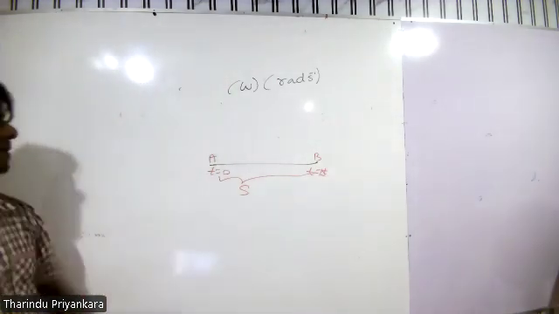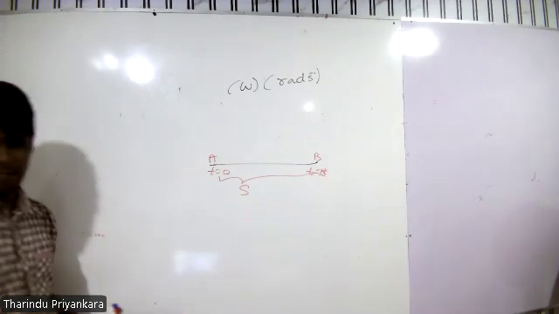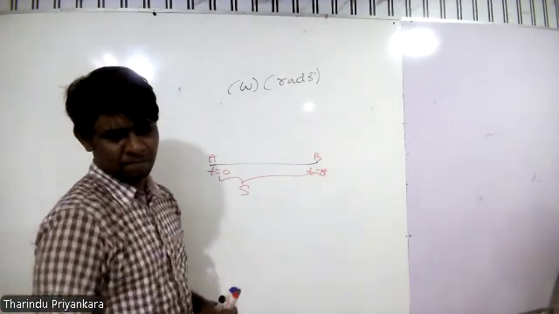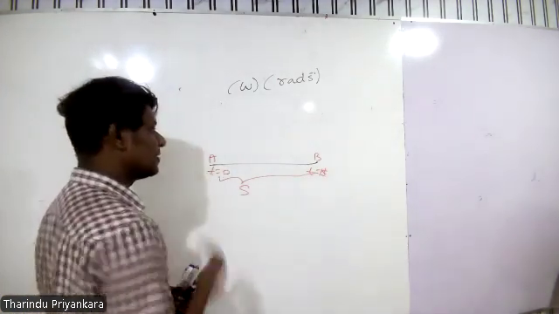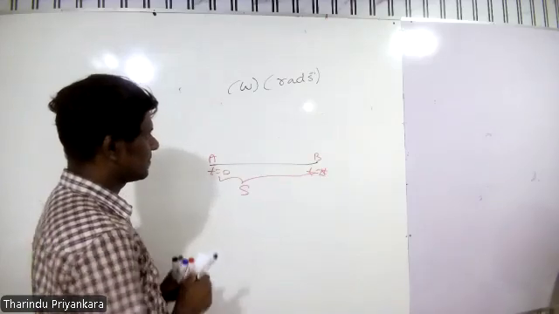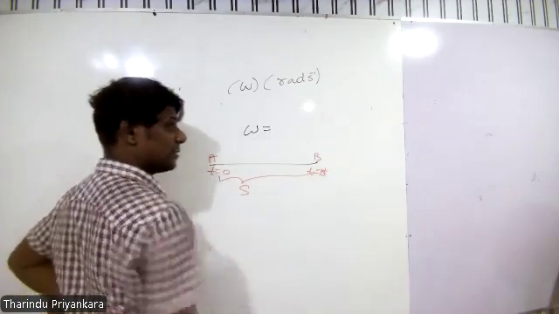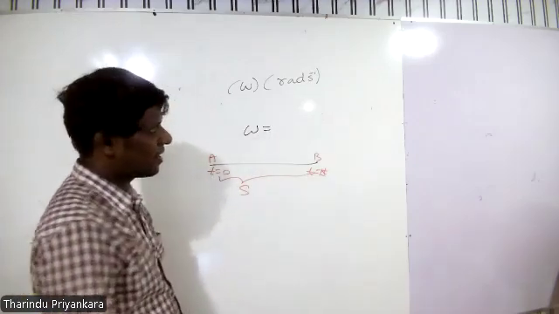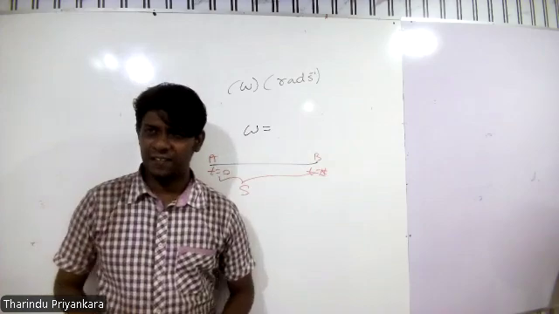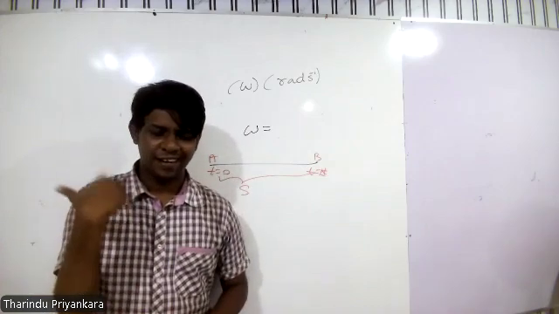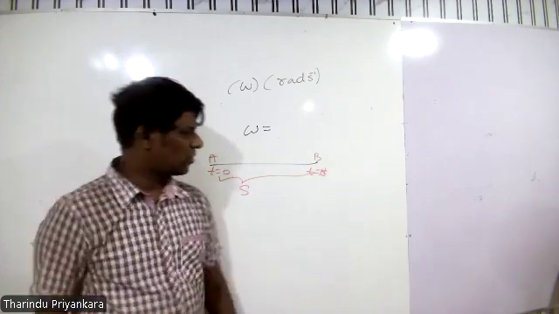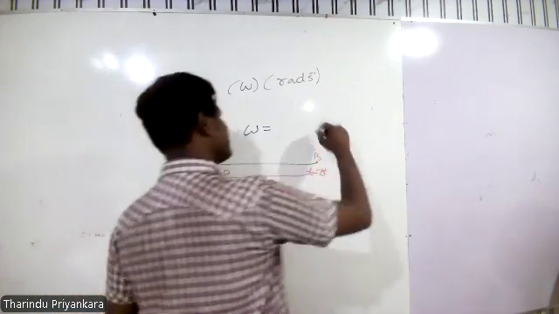Omega is in rad s minus 1. How did we measure the angular displacement? So, how does it relate to here?